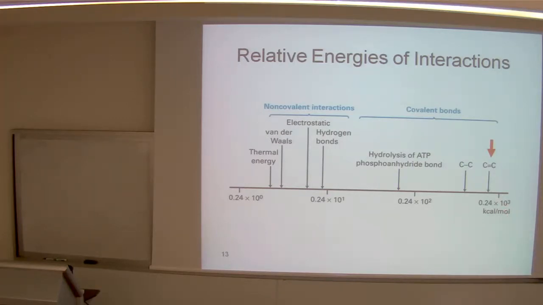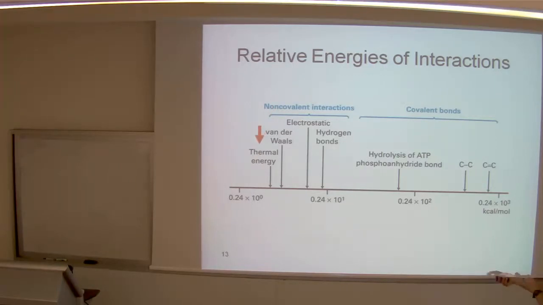Okay, so the strongest bond is the double covalent bond, for instance, between two carbons. And the single covalent bond is less stable. This is just one example that we will get to know later on in the course, hydrolysis of ATP, just to put things in perspective. And then we have the much weaker interactions: hydrogen, electrostatic, and van der Waals interactions.